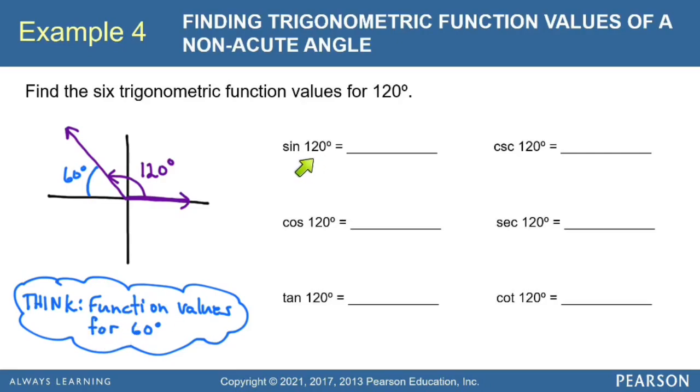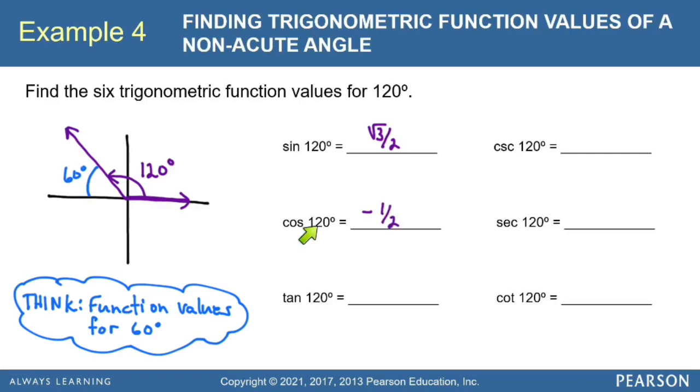Okay, so let's start with the sine of 120 degrees. So 120 is a quadrant 2 angle, and sine values are positive in quadrant 2. So the sine of 120 will be positive, and then the sine of 60 degrees we know is square root of 3 over 2. So the sine of 120 degrees is square root of 3 over 2. For the cosine of 120, we know that cosine values are negative in quadrant 2, and we know that the cosine of 60 is 1/2.